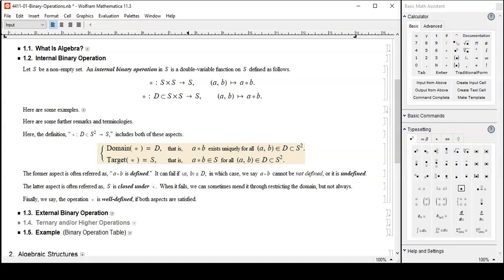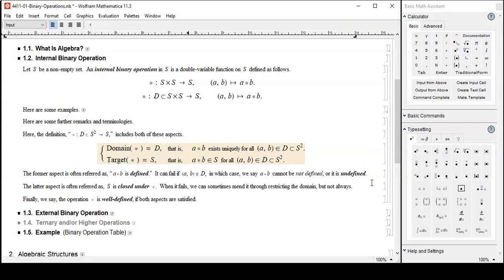Target is S means the end result, the function value a star b, belongs to S again. So if you take this operation a star b and the answer a star b belongs to S again, that's what this target is telling us. And we say S is closed under that operation. That means the target is S.